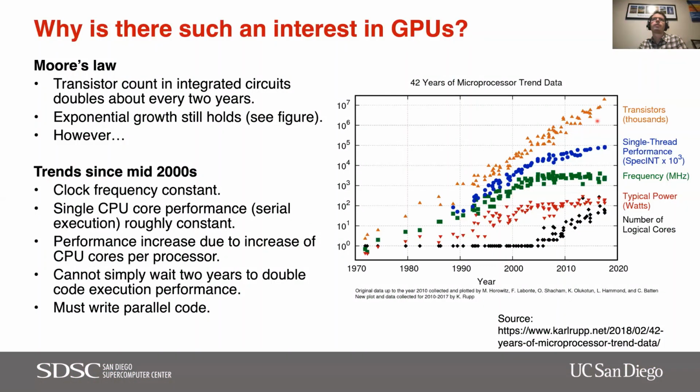So the number of transistors is still growing exponentially. However, if you look at what happened about here in the mid 2000s, is several things. First of all, the clock frequency wasn't increased anymore. So if you're a little bit older, like myself, you remember megahertz, 100 megahertz processors, and then at some point gigahertz processors, and that's where we are stuck. So you can't really up the clock frequency.